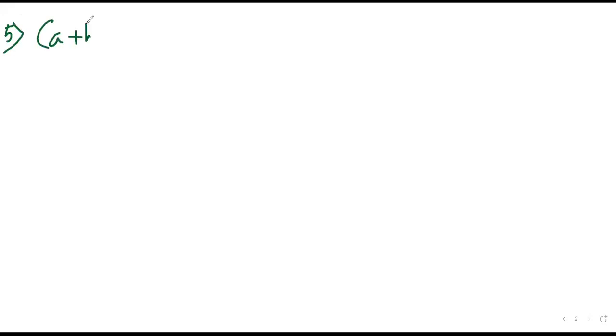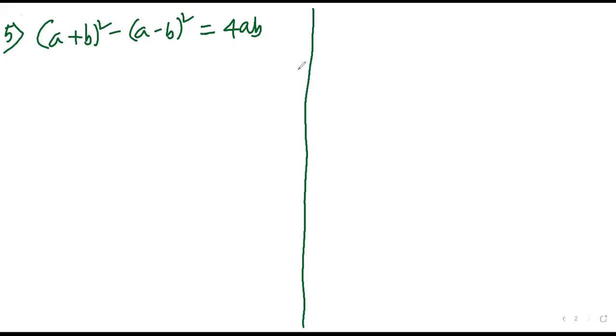See, a plus b whole square minus a minus b whole square equal to what? 4ab. Okay. How? I'm going to explain it, but you people have to memorize every formula. Otherwise, at the time of exam, you can find anything and you can solve simplifications within seconds. Okay.